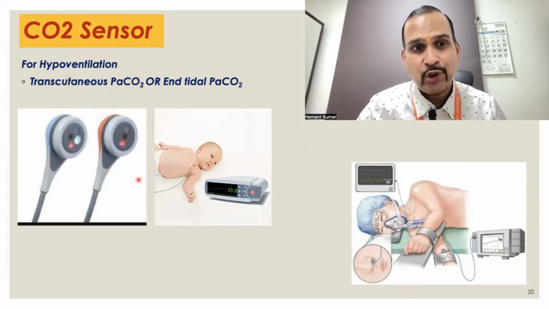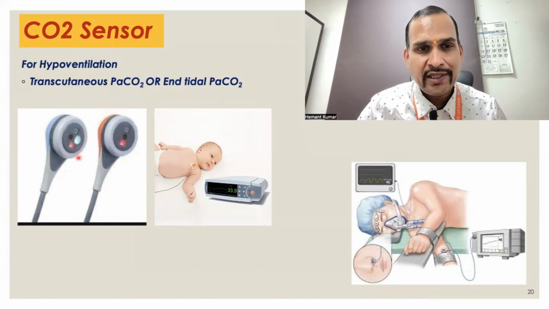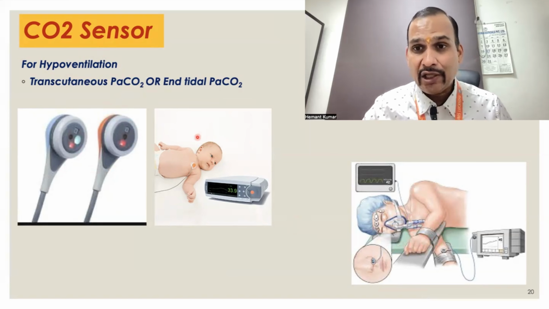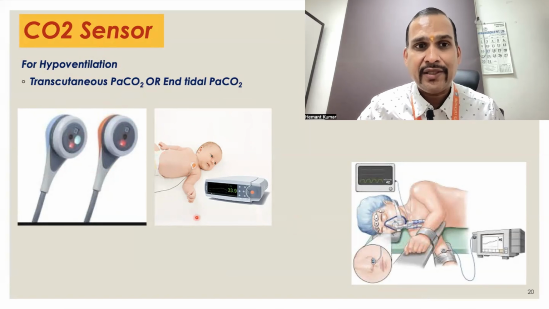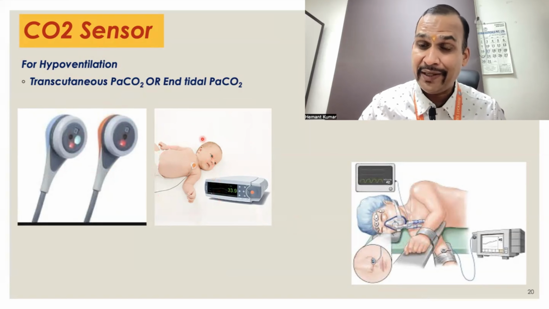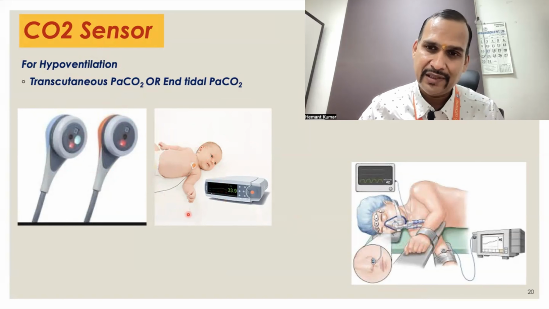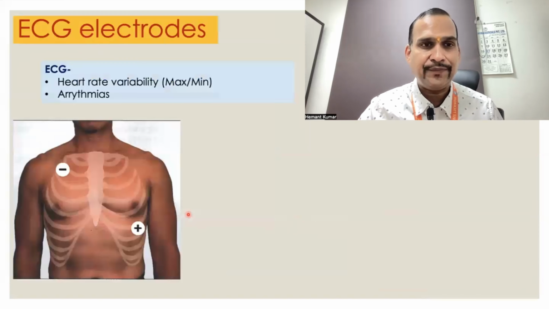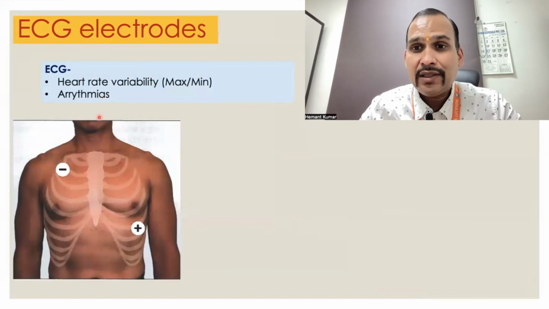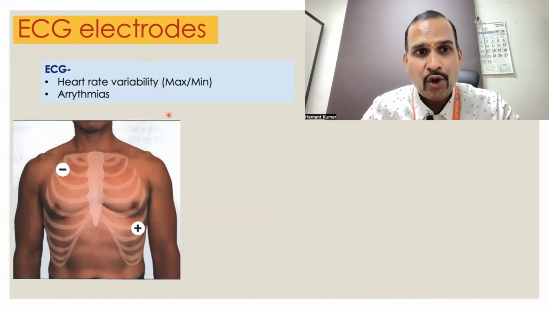Then the CO2 sensor, which is of two types: one is transcutaneous PCO2 and the other is end-tidal PCO2. This is not used frequently, but remember, in pediatric patients we have to use it. This is mandatory for pediatric patients.